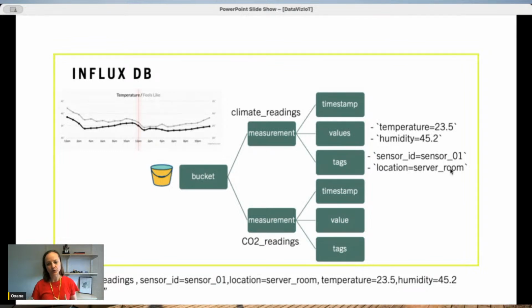And that is made so you can easily then aggregate data by location or by sensor ID without compromising your performance on fast ingestion of data from the sensor.